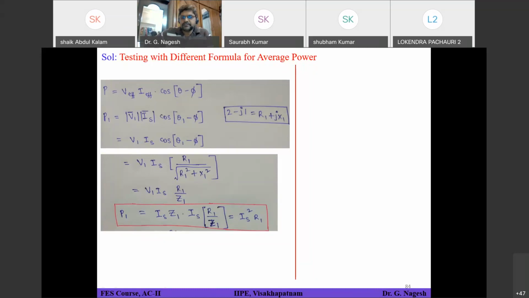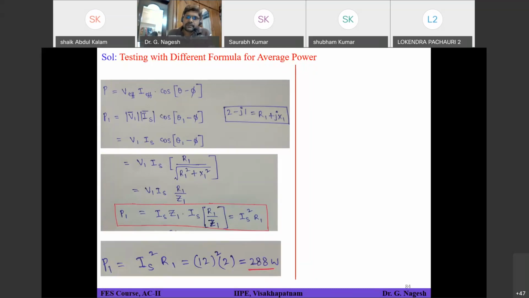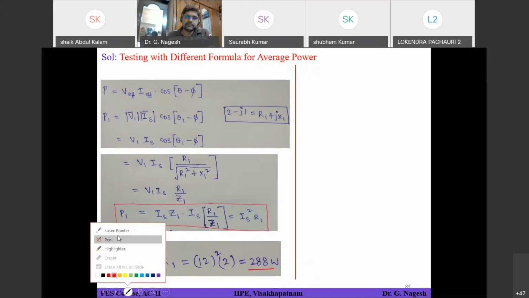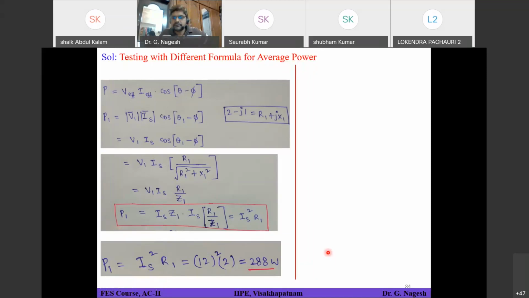We have seen Is as 12 and R1 is 2, so Is square into R1 is 288 watts, which is the same as the other formula, because it is coming from the same formula. If you substitute V effective into I effective into cos of theta minus phi, you get the same answer. Is it clear?